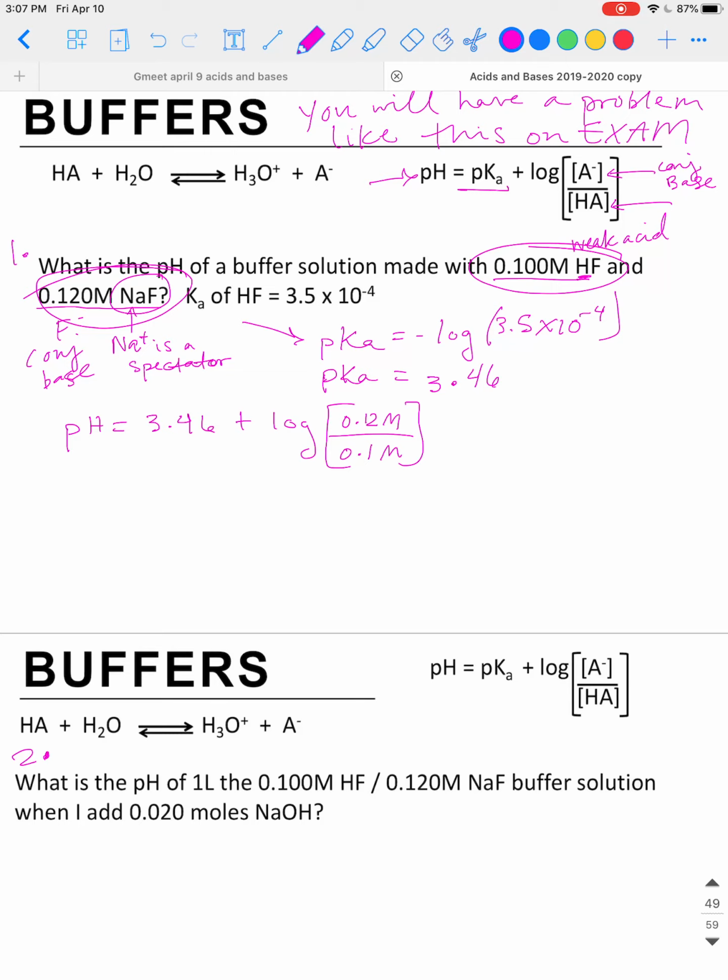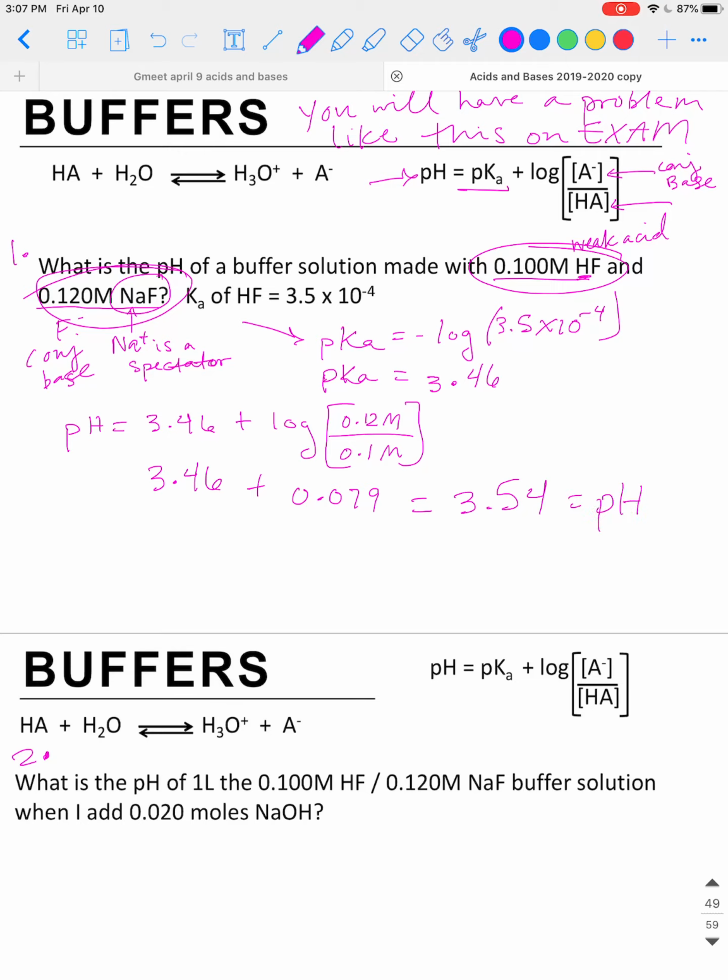All right, so we're going to do the, sorry, not negative, just the log of 0.12 divided by 0.1. And I got 0.079. So we'll do 3.46 plus 0.079, and you should get that the pH is 3.54 if you round.